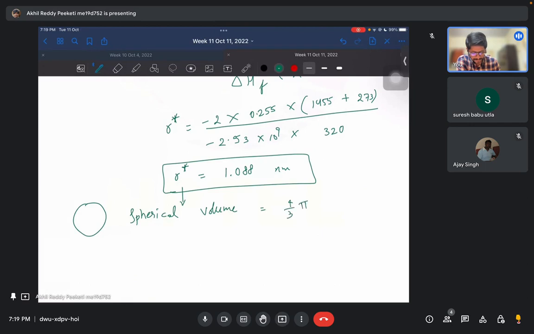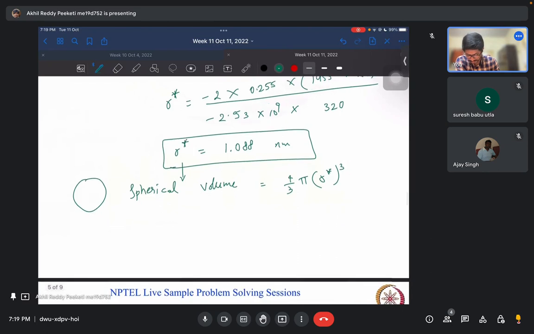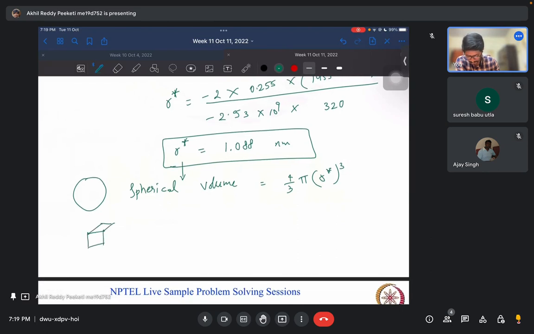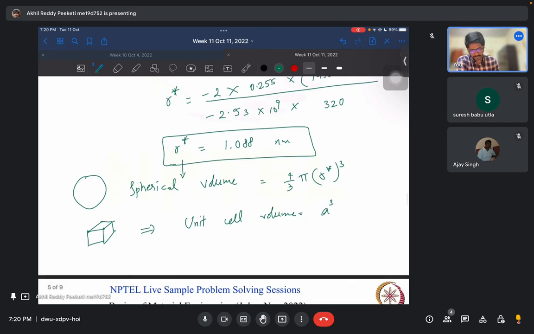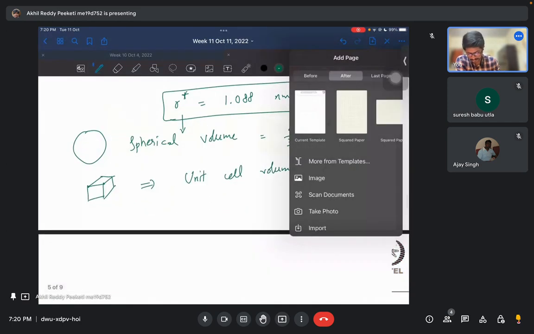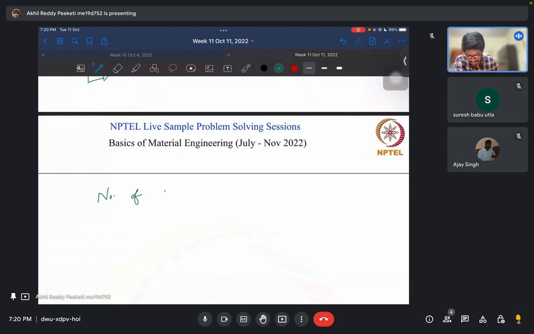4 by 3 pi r cube, right? The volume. Now each unit cell volume would be a cube. Now the number of unit cells inside the nucleus of critical size would be what?